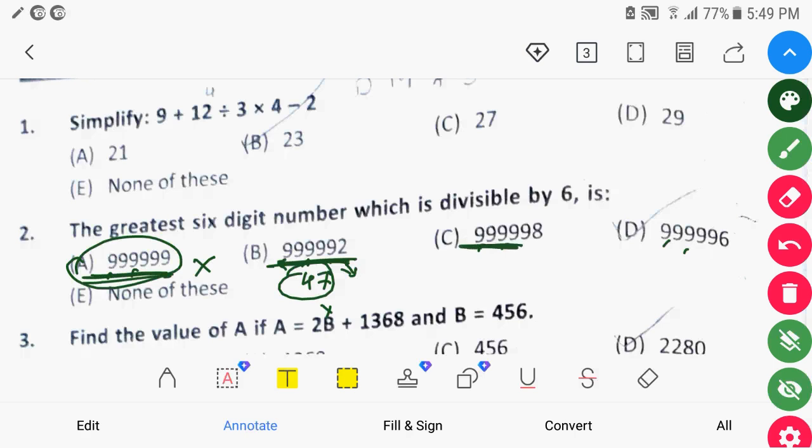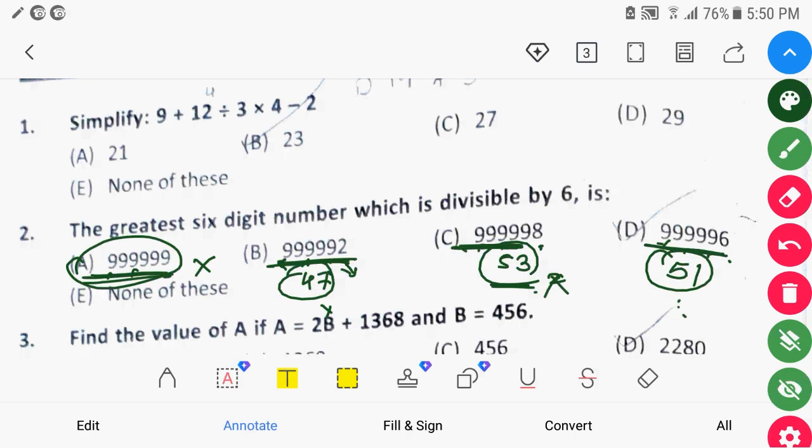Now 9 fives are 45 plus 8 becomes 53. Again 53 is not divisible by 3. So this number is also not divisible by 3 or 6. Okay, now the last one. 9 fives are 45 plus 6 is 51.